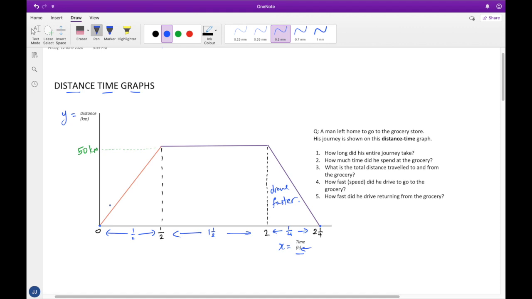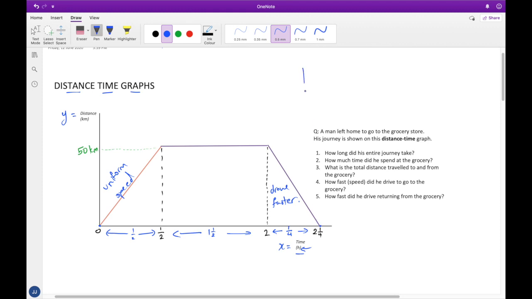We can see that he's traveling at what we call a uniform speed, a constant speed, as he travels from home to the grocery store in half an hour. He also drove at a uniform constant speed coming home, and we know it's a constant uniform speed because the line is straight.